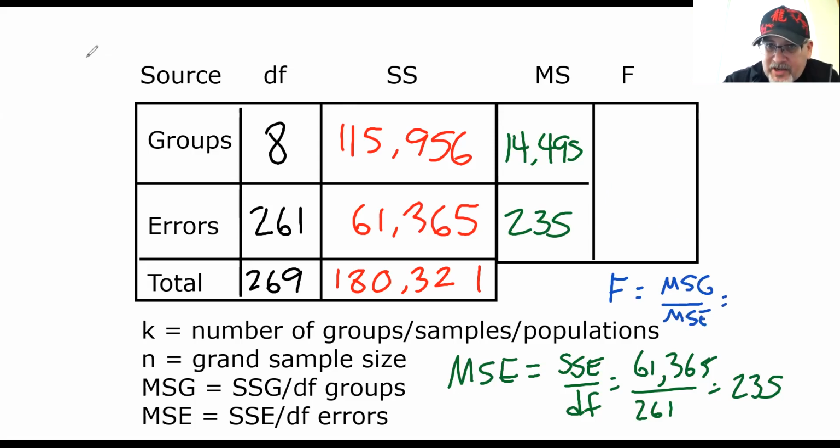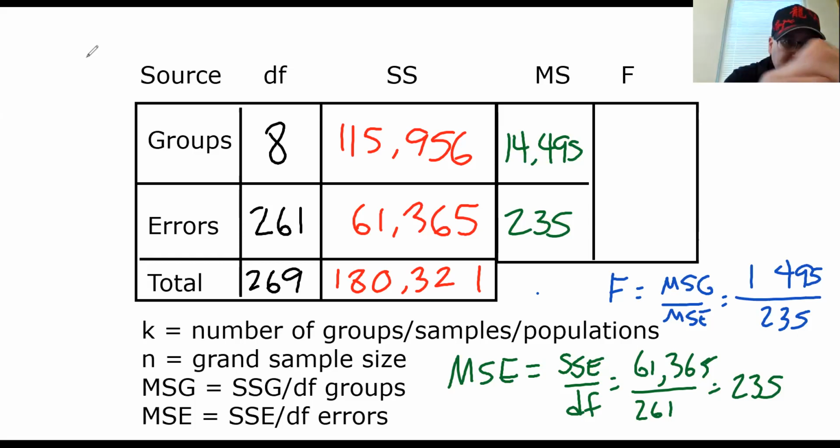So we'll simply take 14,495 divided by 235, and round that. We'll take that one to 4 decimal places because we're about to compare it to an F value, 61.6809.